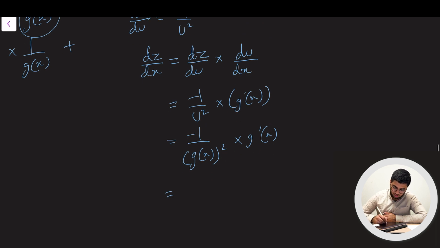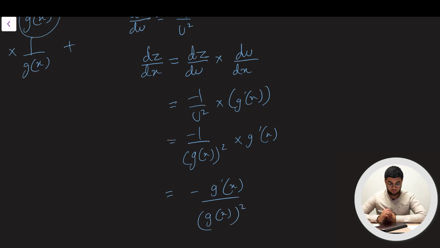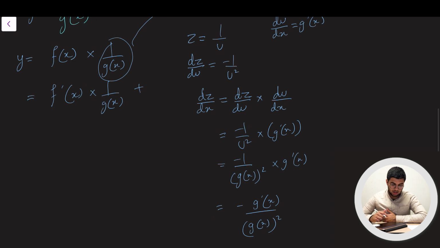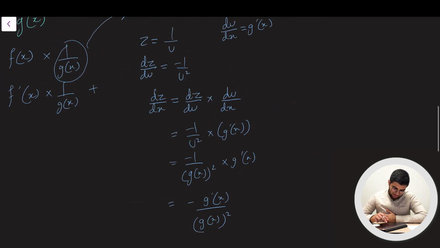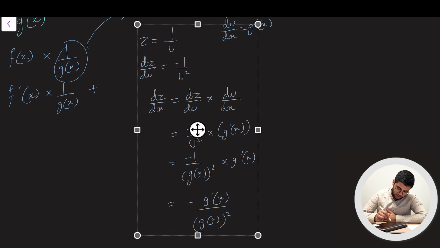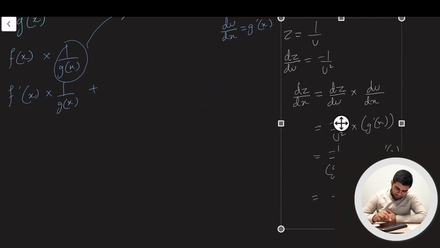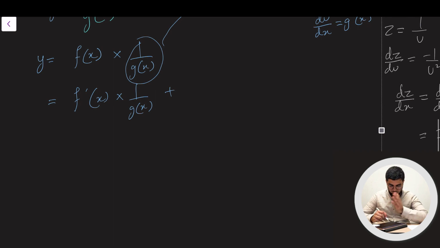So just to shorten that, we get g dash of x all over the g of x whole squared.